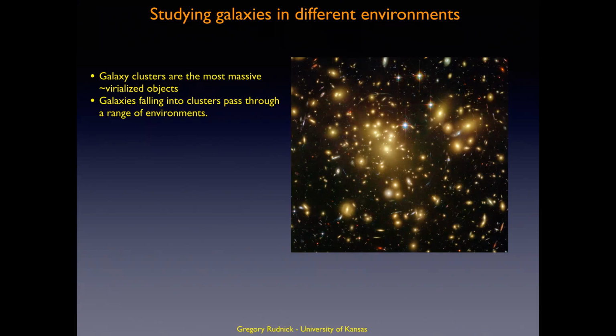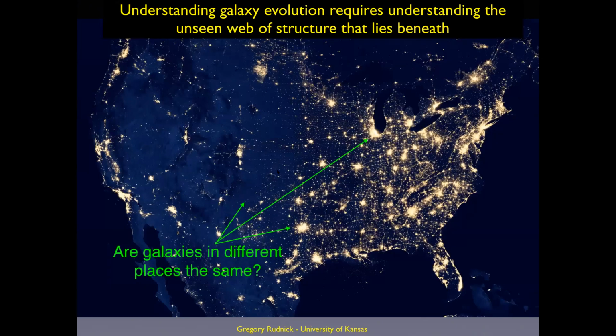Galaxies go into clusters passing through a range of different environments, just like somebody driving from the middle of Kansas right there. Somebody driving from Colby to Kansas City passes through a range of environments. They go along I-70, then they go through Topeka.